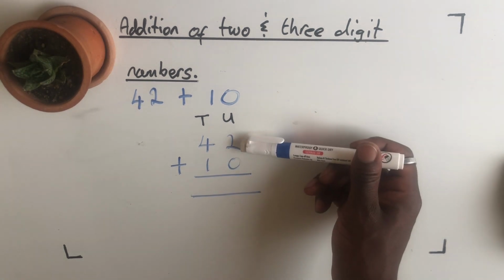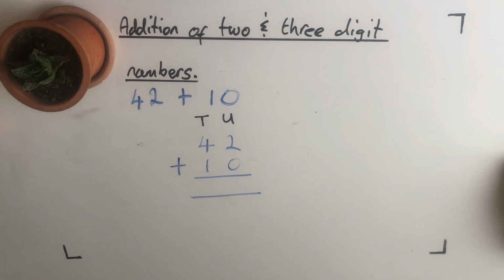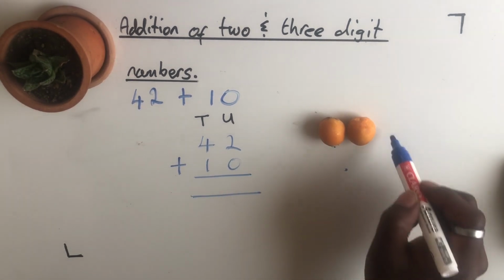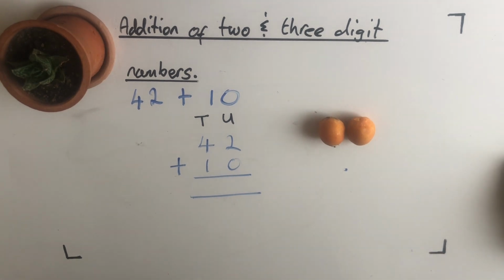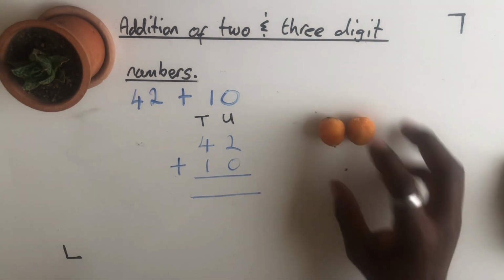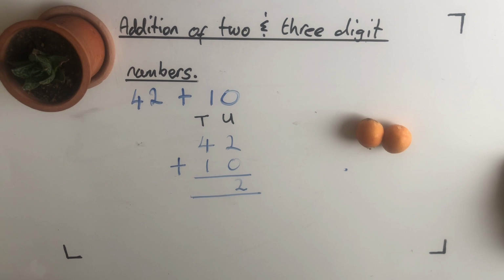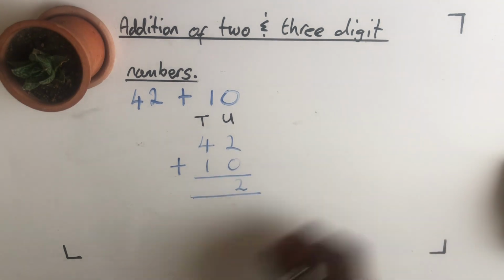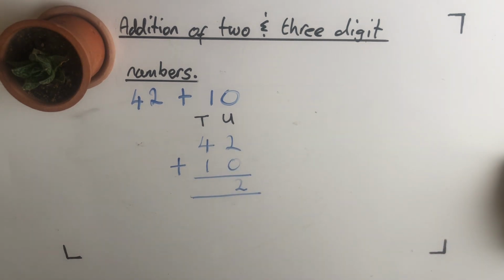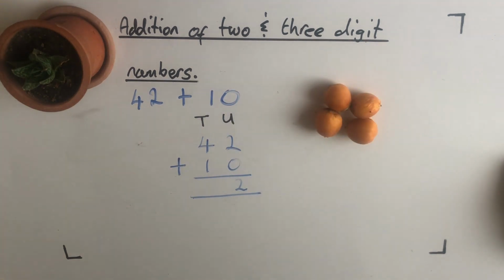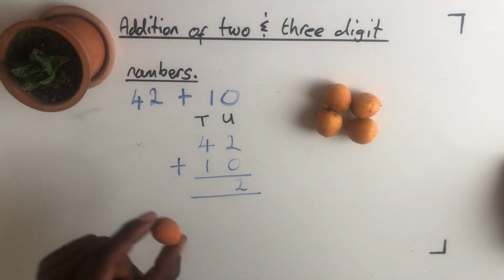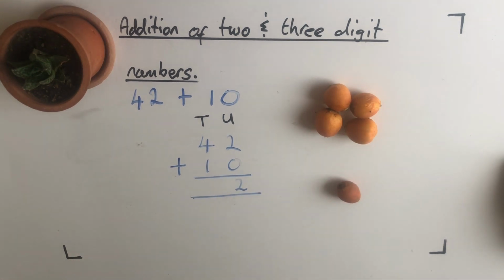Now we start adding from the units. So if we say 2 units plus 0, that means I have no fruits on this side. So 2 units plus 0, if I put them together, that still leaves me with 2. So I put my 2 there. And then move on to the tens. I'm going to take my 4 tens from here, and then just 1 ten here.